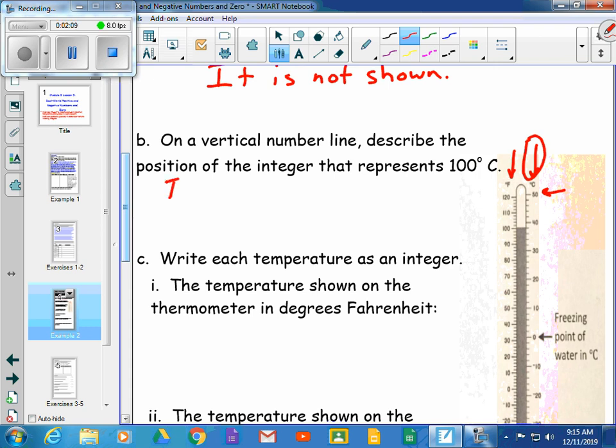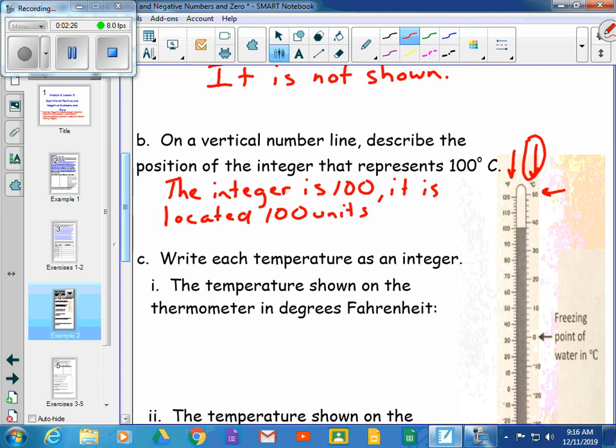Okay, so the integer is 100. It is located 100 units above the zero. And that is on the Celsius side of the thermometer.